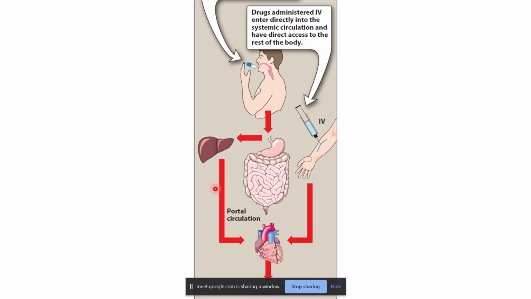So the hepatic metabolism is usually done for the drugs that are absorbed in the GI, because everything that is absorbed in GI enters the portal circulation before entering the systemic circulation.